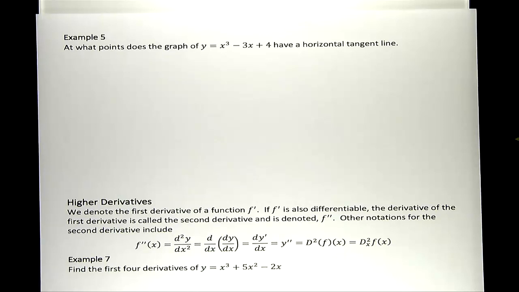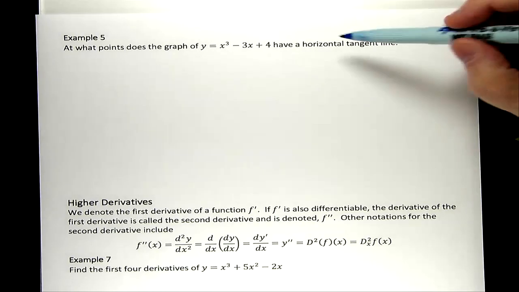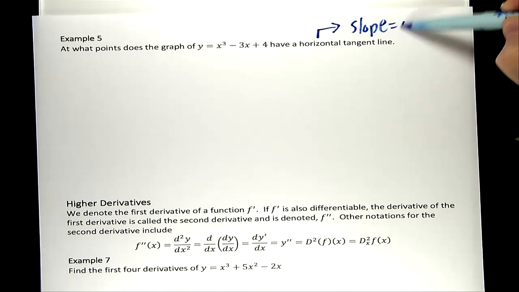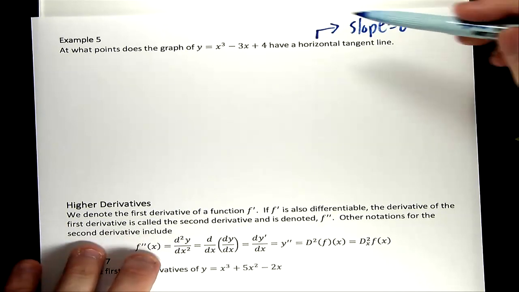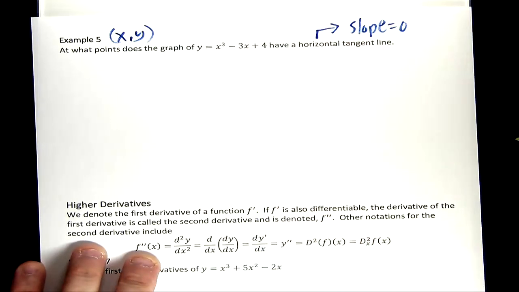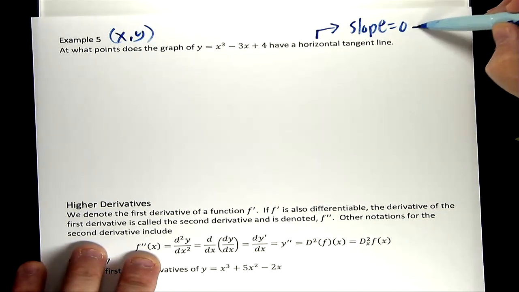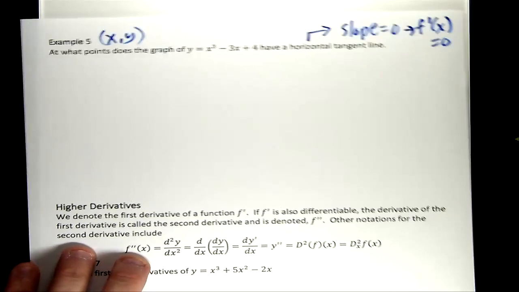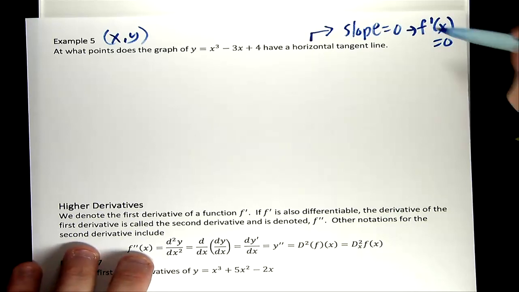It has a slope of 0. That's correct. So we're really looking for slope of 0, and we want to find what x, y values work for this. Slope of 0 would be where f prime of x equals 0, or y prime equals 0.